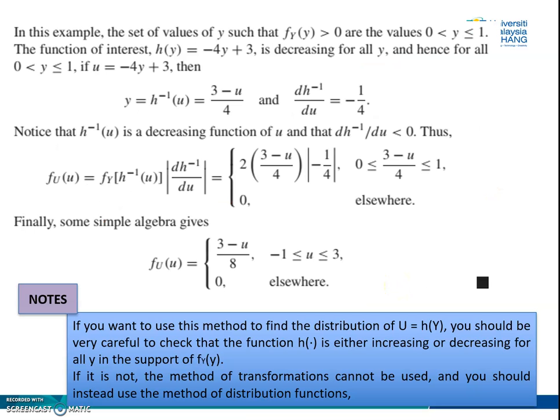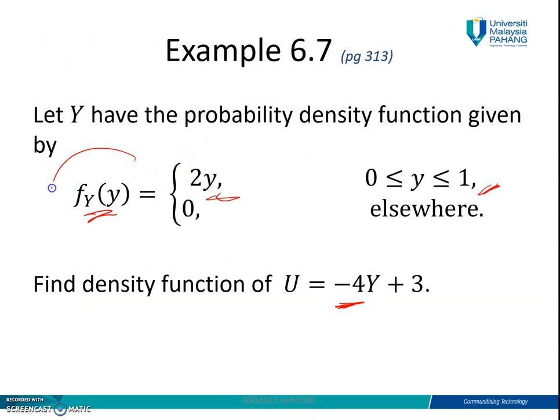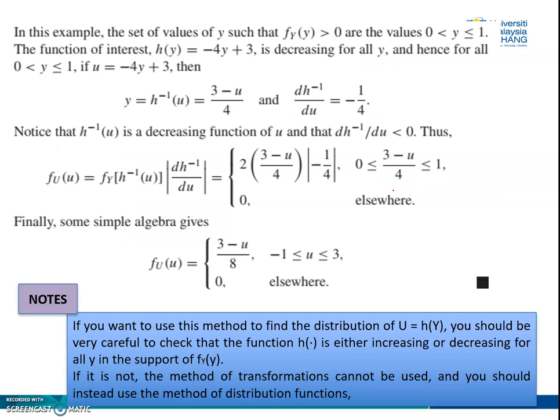Okay, so you can see that your density function fY is greater than 0 because your y is between 0 and 1. The function of interest, which is U just now, is decreasing for all y because you can see the intercept is negative, and hence for all y between 0 and 1.